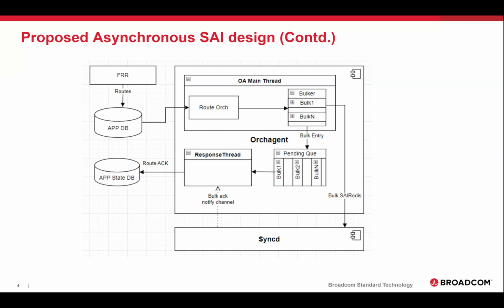And that state DB is read by the FPM SYNCD, which sends these responses back to Zebra, and Zebra sends them to BGP. So that channel will be plugged in with this.